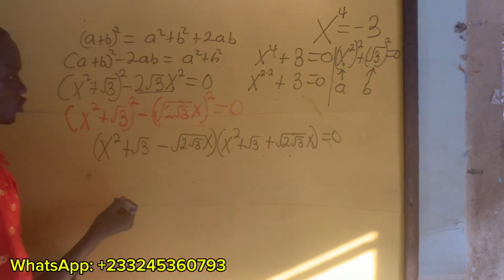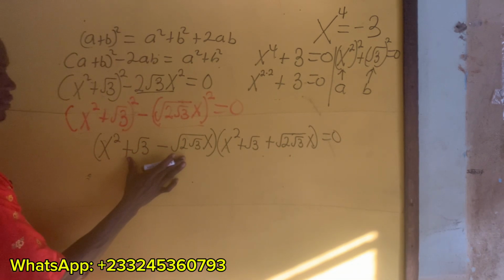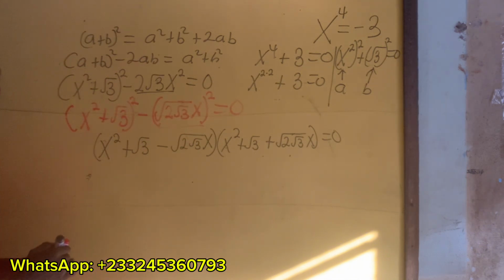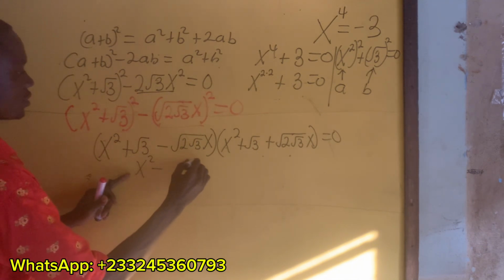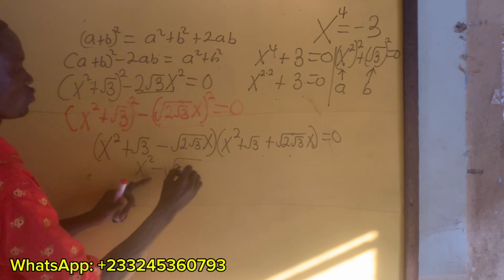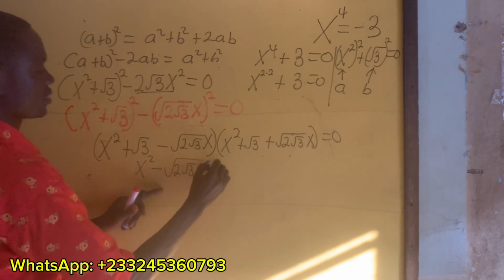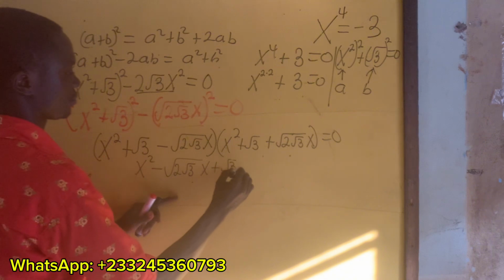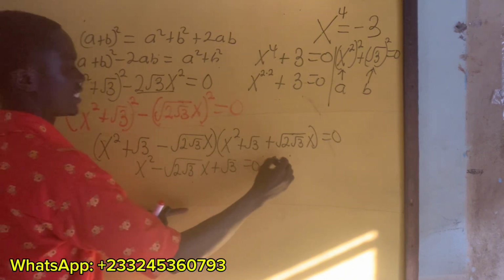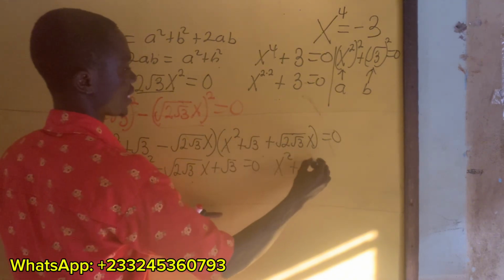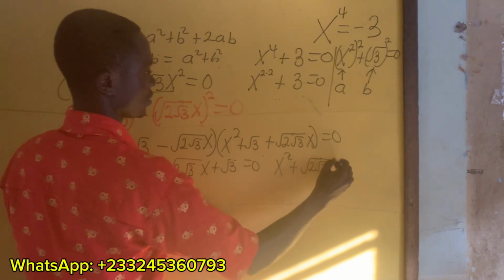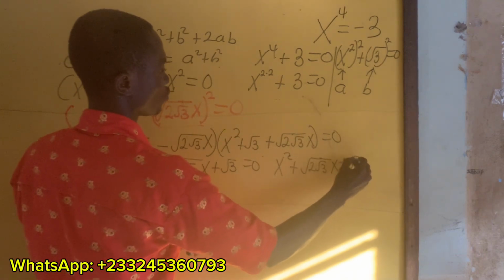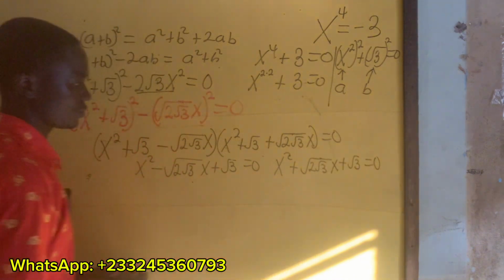So you consider this one. Have you seen that? So this is x squared minus the square root of 2 square root of 3x plus square root of 3 equals 0. And this is x squared plus the square root of 2 square root of 3x plus square root of 3 equals 0.